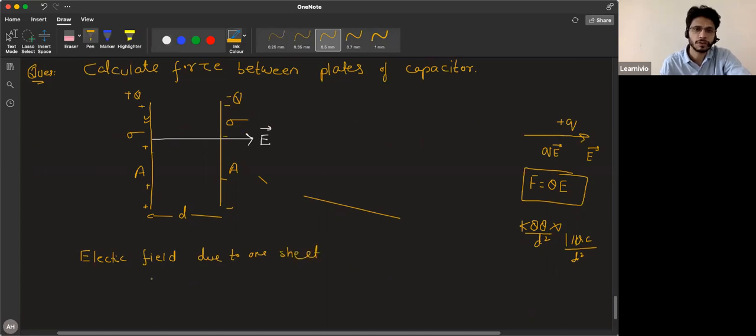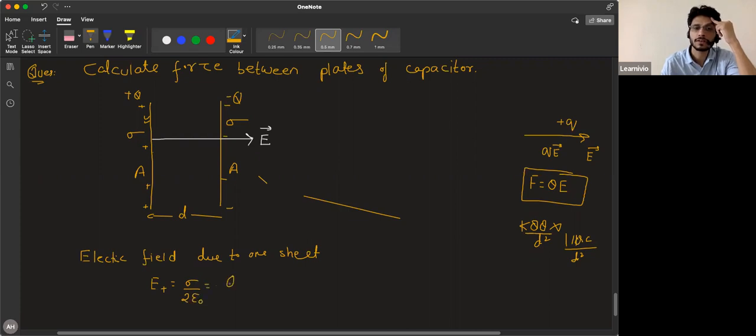Anshika, what is the expression of field due to the positive sheet only? I'm not asking total field, due to one sheet. Not Q by D epsilon naught. Yashika, field due to one plate? Sir, sigma by 2 epsilon. See, field due to one sheet is sigma by 2 epsilon naught.